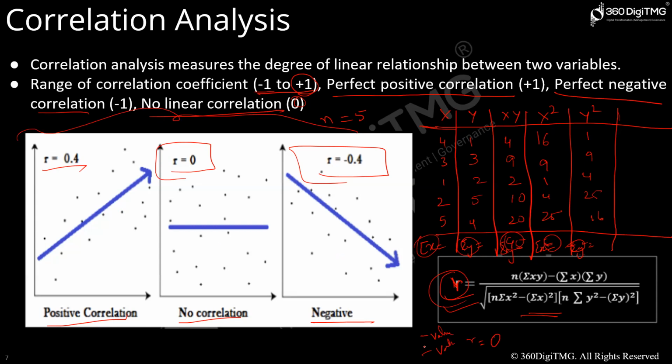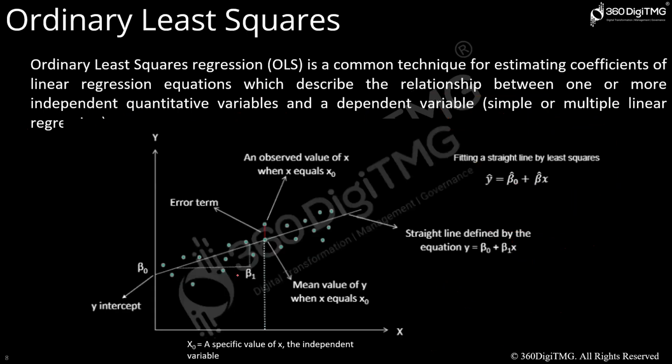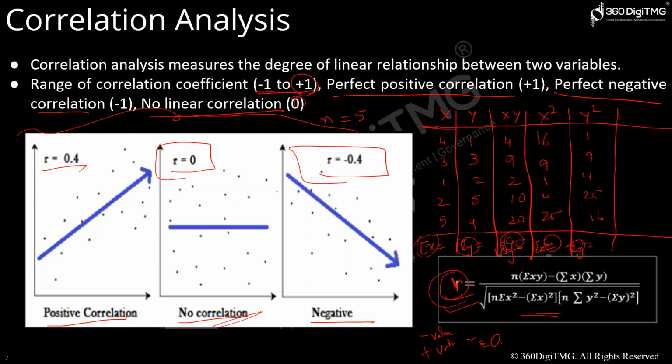If you get a negative value, it is negative correlation. If you get a positive R value, it is positive correlation. And if you get R is equal to 0, then it is no correlation. This is about the correlation analysis.